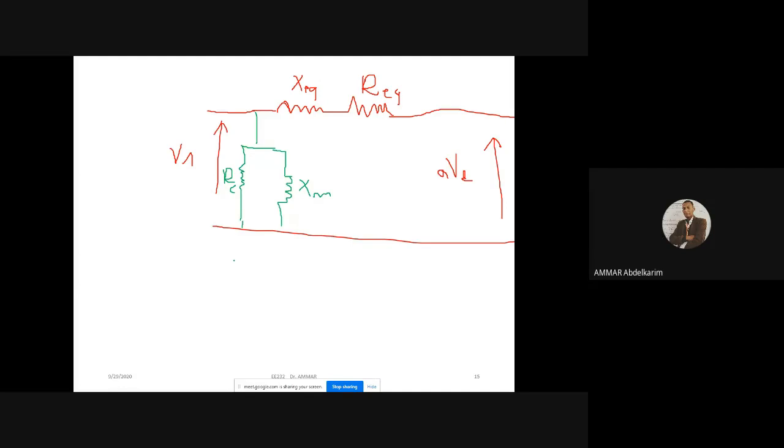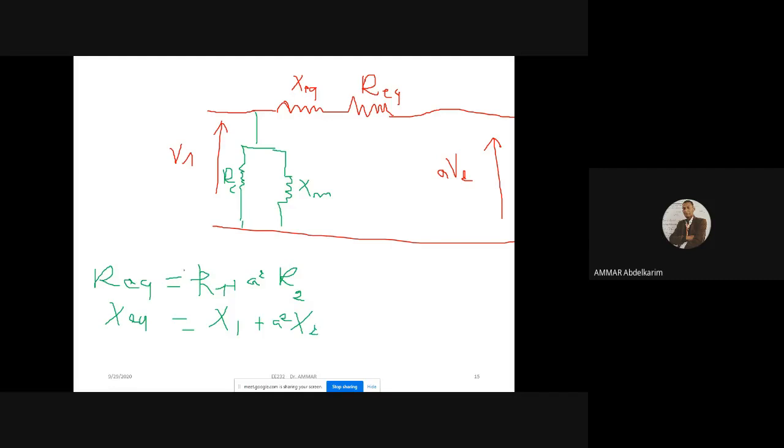Since the circuit is referred to the primary, R equivalent equals R1 plus A square R2, and X equivalent equals X1 plus A square X2.